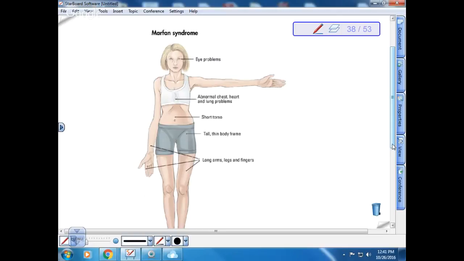What president do you think? Abraham Lincoln, right? So they think Abraham Lincoln had Marfan's syndrome. And he might not have lived too much longer than he already did, because he probably was going to have a massive heart attack because of defects in his heart. Okay? So that's the idea of pleiotropy.